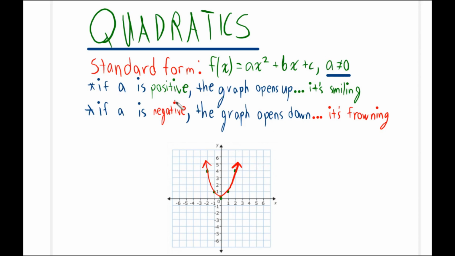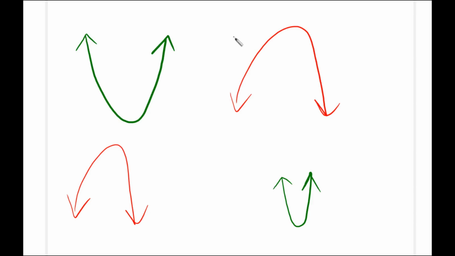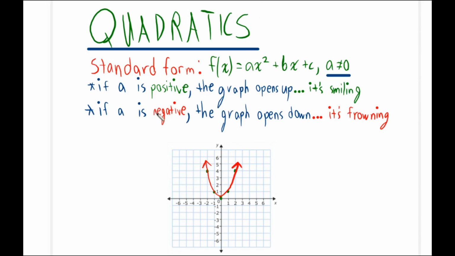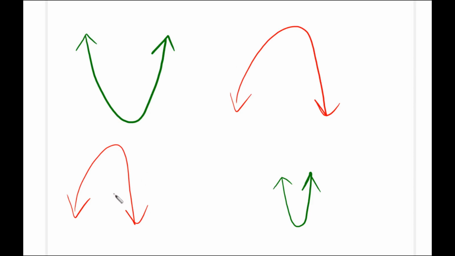If a is positive, the graph opens up. It's smiling. So if you look back on this page, these must have an a that's positive because if it's positive, it's going to be smiling up like this. Likewise, if a is negative, the graph opens down. It's frowning. So we see on this page the downward ones, the frowning ones, they have an a that's negative.